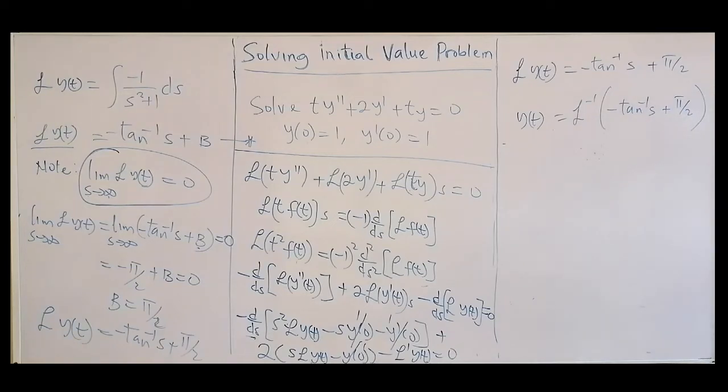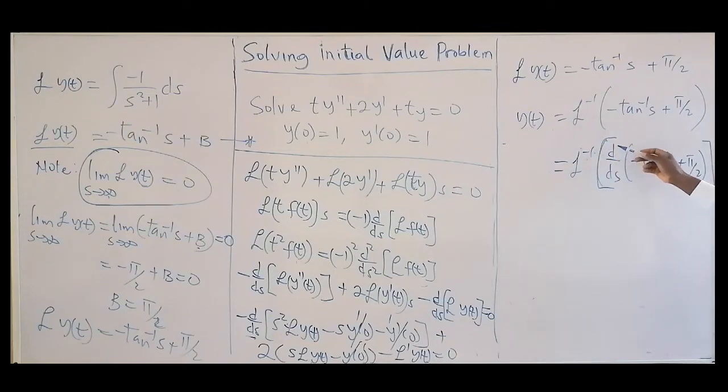We don't have an inverse for this arctan, so we're going to introduce differentiation. We're going to do some little adjustment here. And that adjustment will call for the inverse of d dx of the function minus arctan x plus pi over 2.